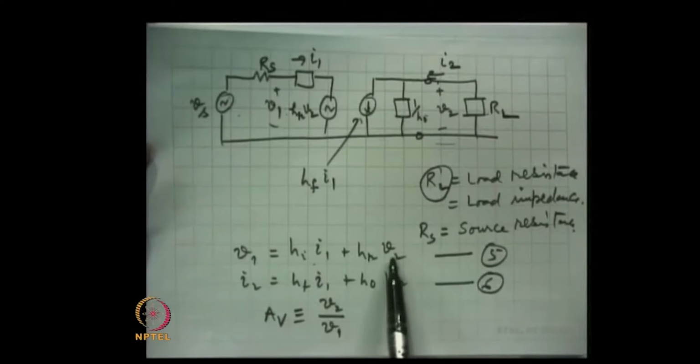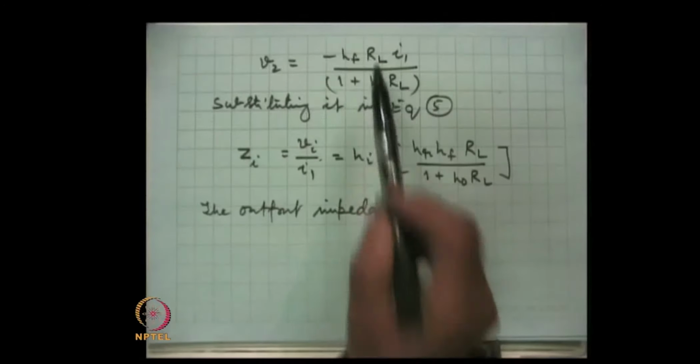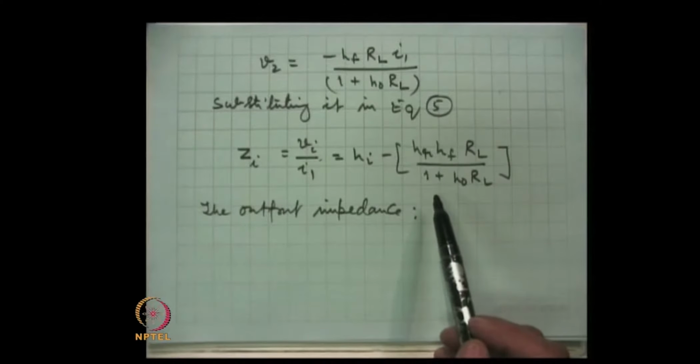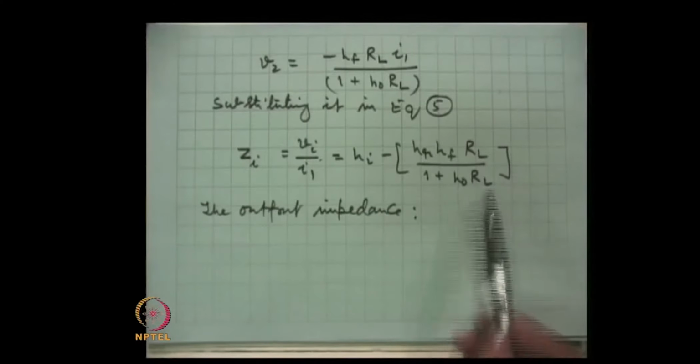So the value of V2 is to be substituted in terms of known parameters, and hence the expression contains only H parameters and the known values of the impedances or resistances.